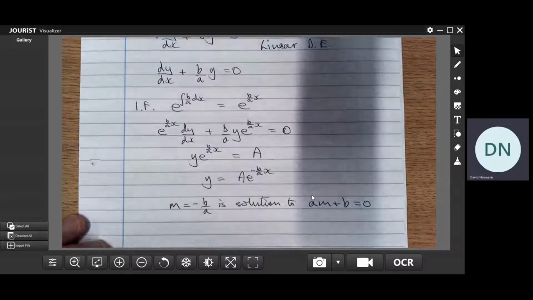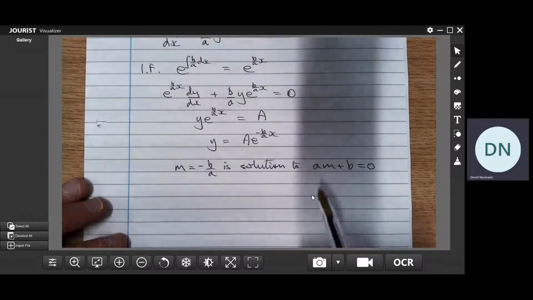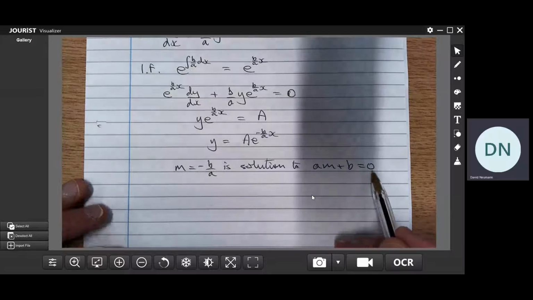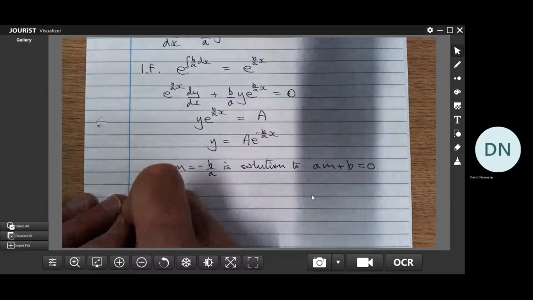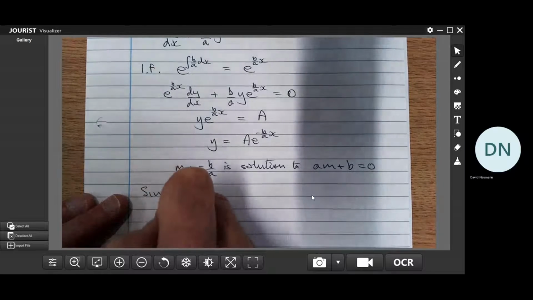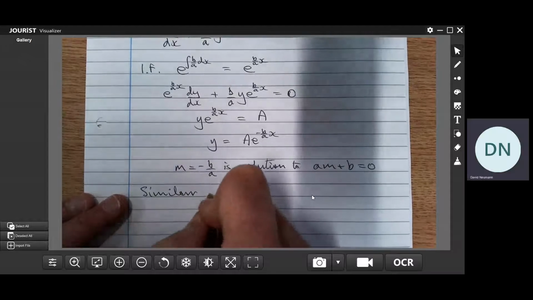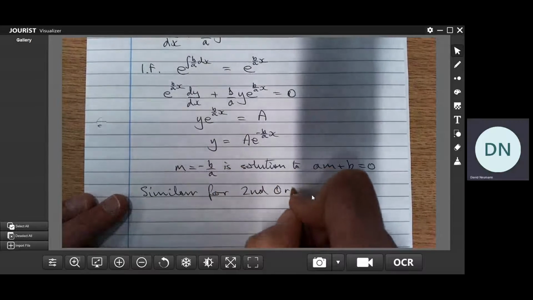Now, what we're going to do is very similar for second order equations, but instead of having a linear equation like this, we're going to have a quadratic equation.